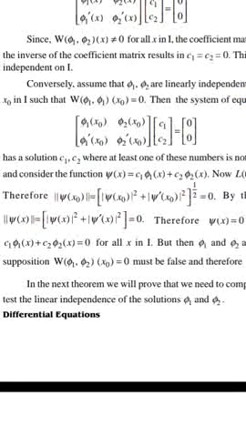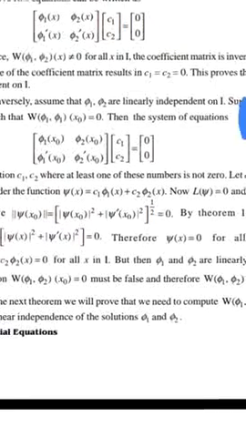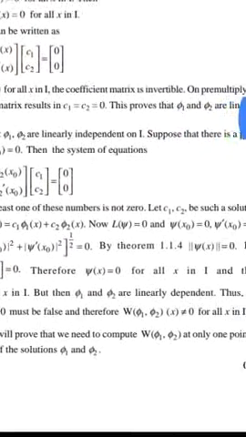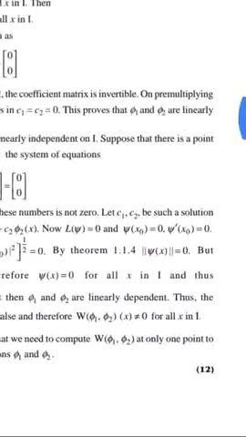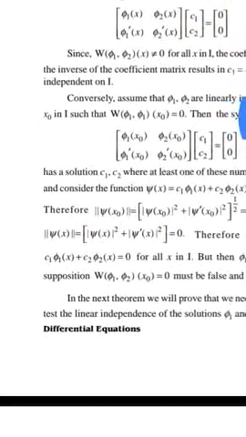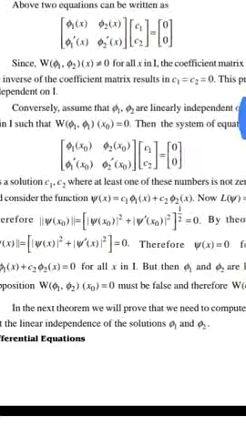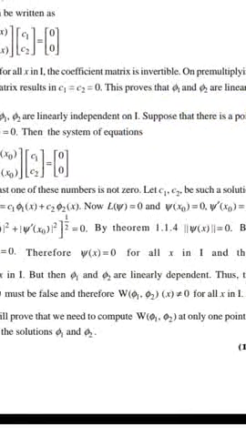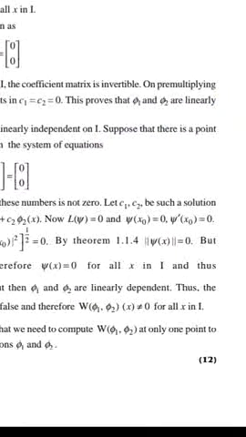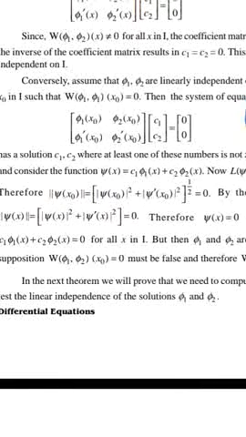Since W(phi1, phi2)(x) is not equal to 0 for all x in I, the coefficient matrix is invertible. By pre-multiplying by the inverse of the coefficient matrix, we get c1 equal to c2 equal to 0. This proves that phi1 and phi2 are linearly independent on I.